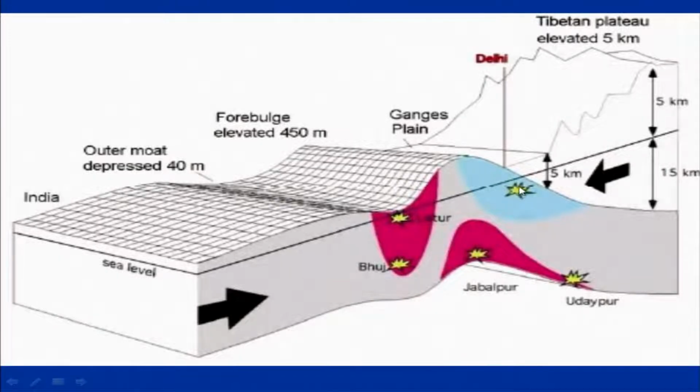So, many earthquakes are observed along the plate boundary and away from the plate boundary also, which have been listed here. This was the 2001 earthquake, this was in 1995 or so, or the 1997 Jabalpur earthquake, and so on.